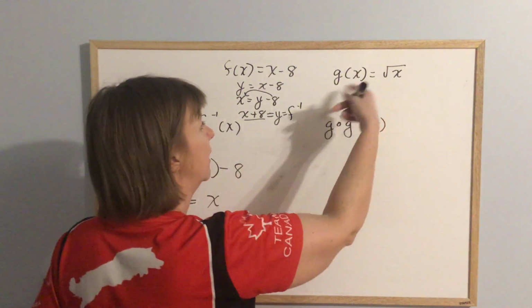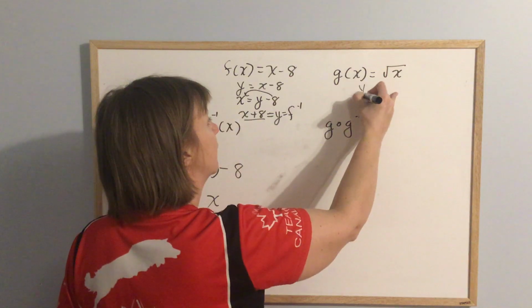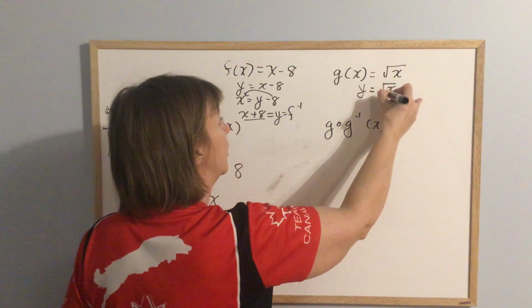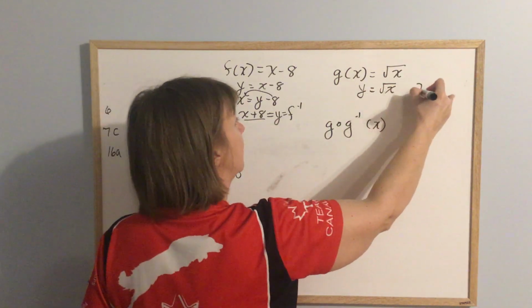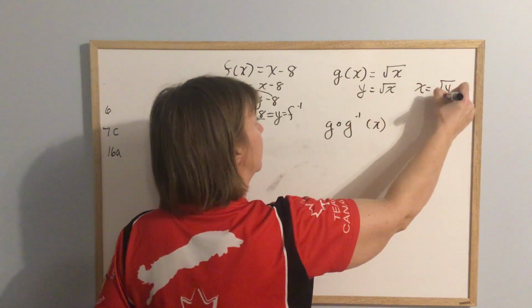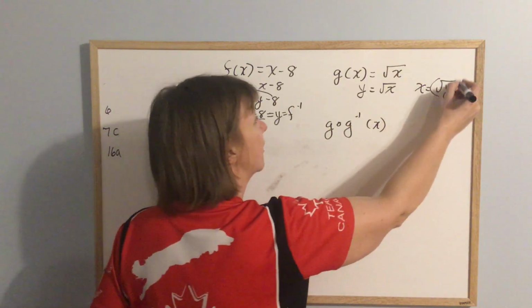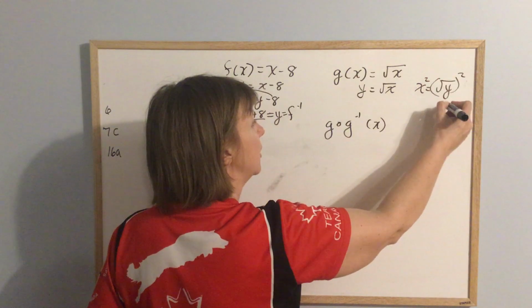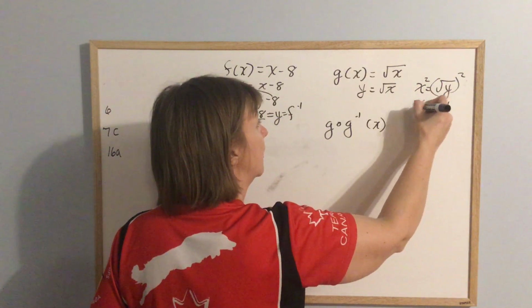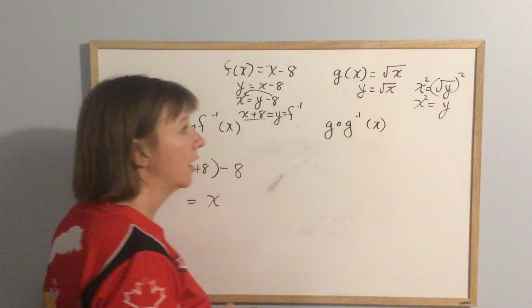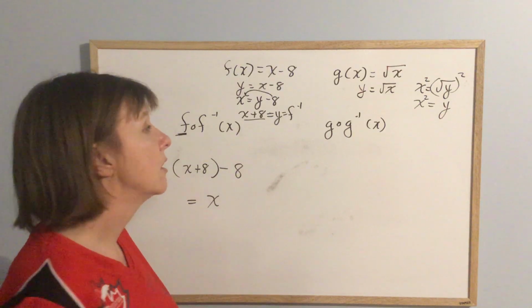So again, if I wanted to find the inverse of this, y is equal to the square root of x. So x would equal the square root of y. Well, to get y by itself, I have to square this side, which means I have to square that side. So y would equal x squared. That's the inverse.